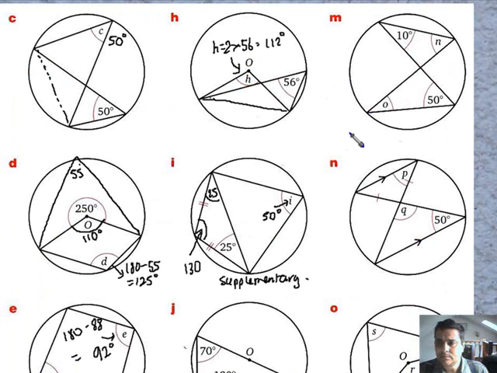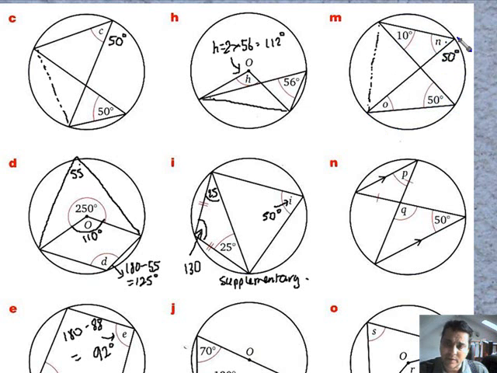Now M. Very, very easy indeed. If we just draw a little chord down here, I can see that I've got a triangle touching the circumference, forming angle N, and coming from the same chord in the same segment, I've got an angle 50 touching the circumference. Therefore N and 50 are the same, so N is 50 degrees.